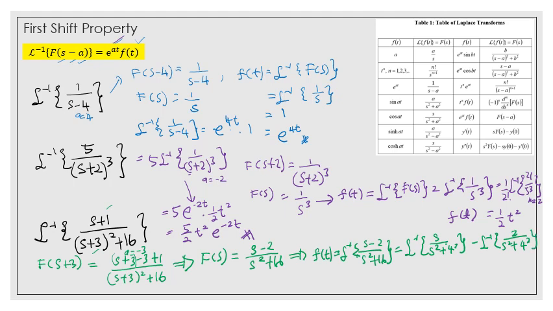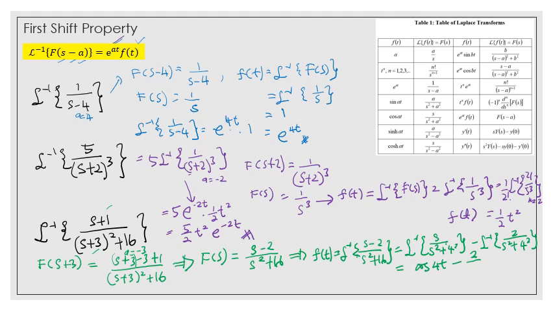Split this one, then we will get s over (s squared plus 4 squared) is equal to cos 4t, minus 2 over... okay, the numerator here should be 4, so I bring out the 2 here, and this one should be 4, yeah.